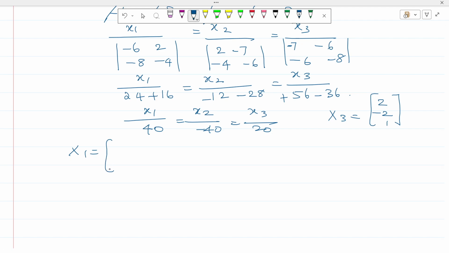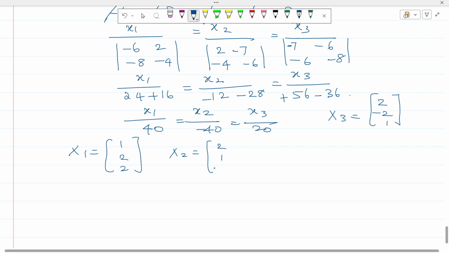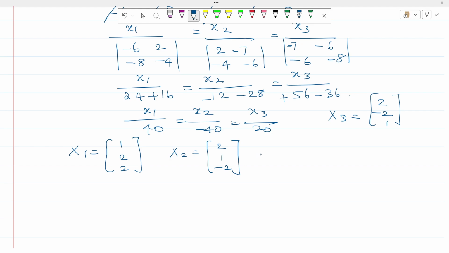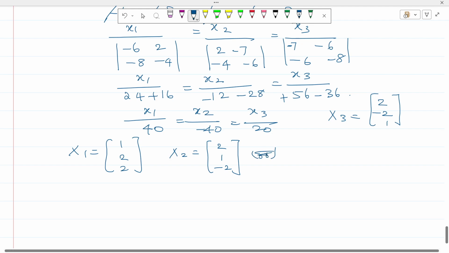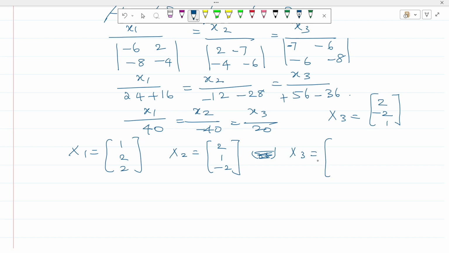X1 is 1 2 2, x2 equal to 2 1 minus 2. We can check it otherwise. x3 is 2 minus 2 1.